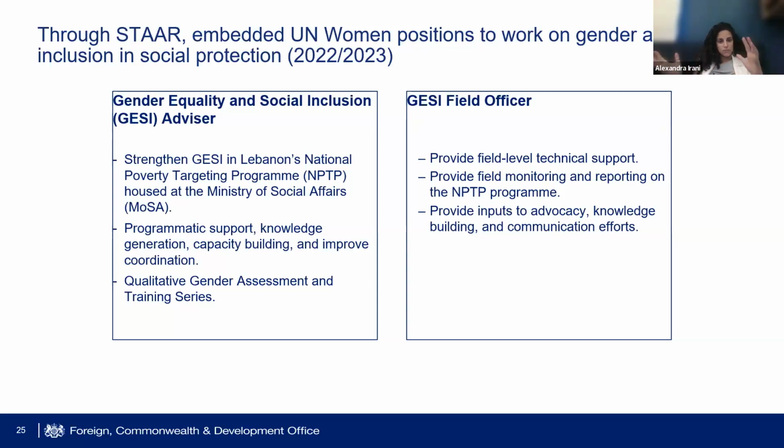The officer does the same, but with a field officer angle, so providing technical support, field monitoring on the NPTP program, and also supporting inputs on advocacy, knowledge building, and communication efforts. Next slide, please.